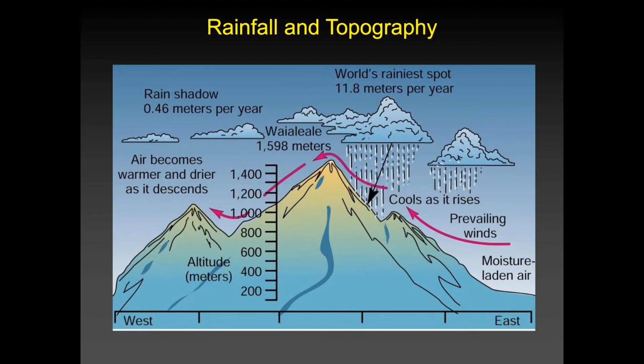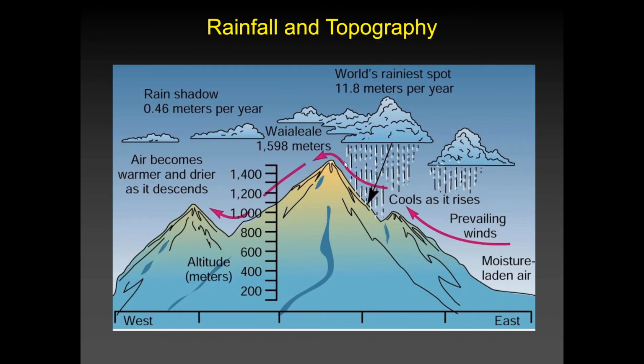So this is what it looks like. You have this moisture-laden air. So moist air comes in, and these winds gather it in. It cools as it rises, and because it's getting colder, the amount of moisture it can hold decreases, which means it's going to start to cause rain.